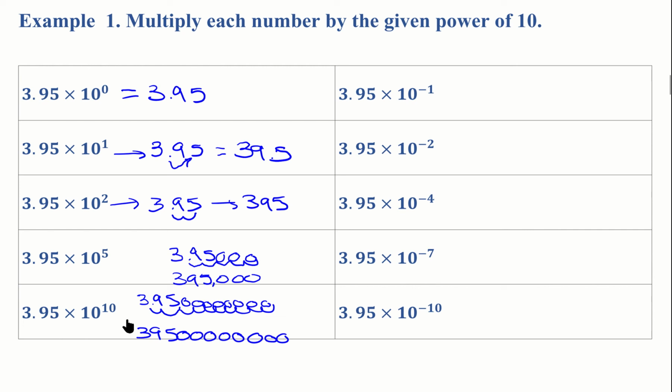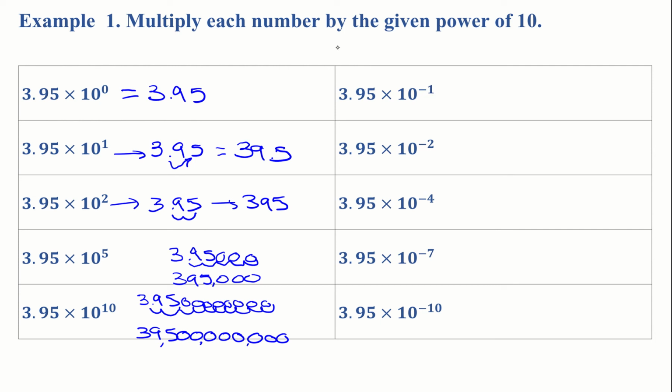So after that, you're going to need 8 more. So there you go. Basically 39,500,000,000.